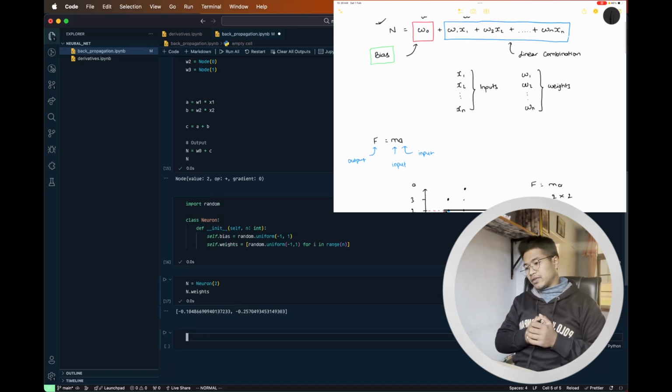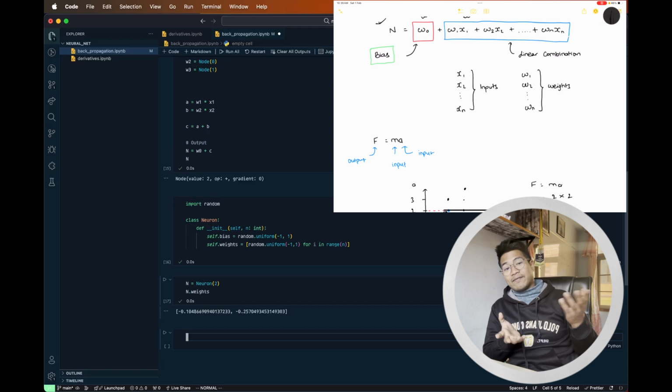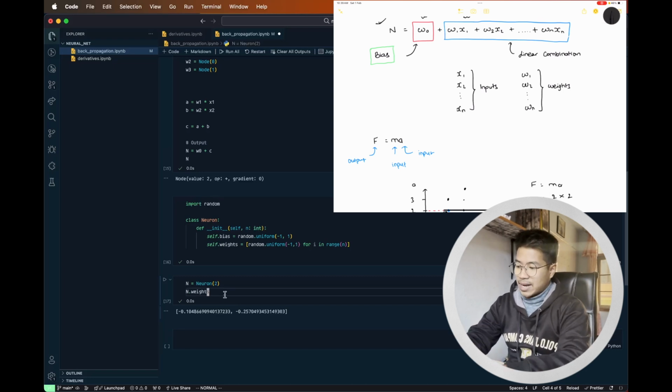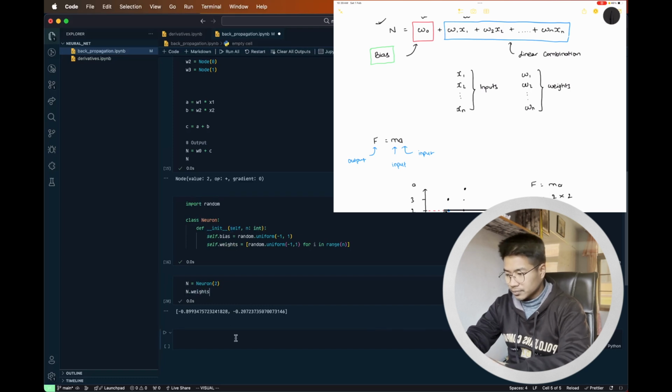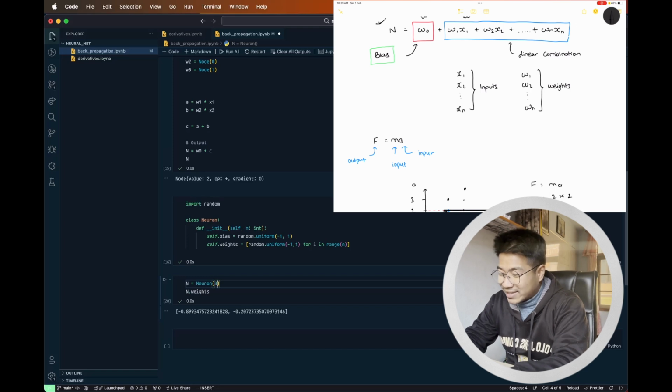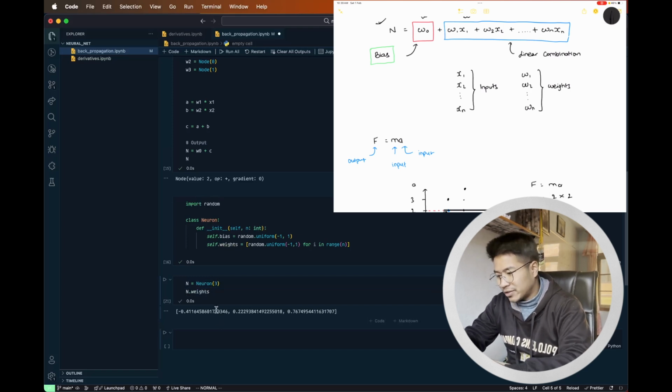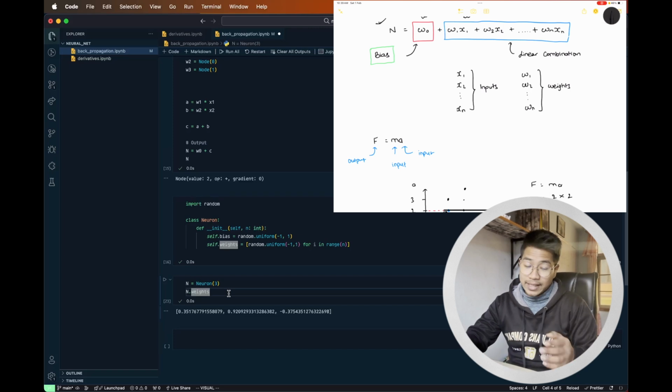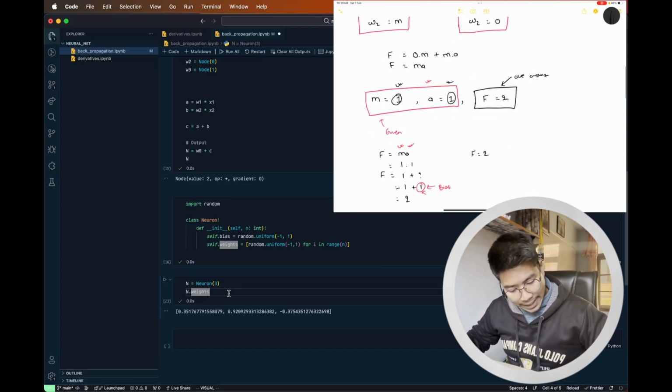If you look at those weights, I get some random value that's between -1 and 1, and every time I run this, it's going to be some new weight. I could also say I want 3 inputs to the neuron. If I want 3 inputs, I get 3 weights. So that's working correctly. That's great.